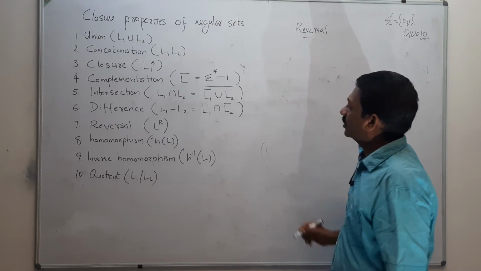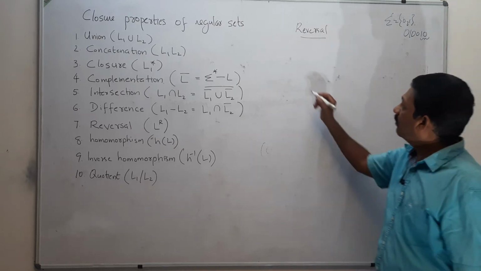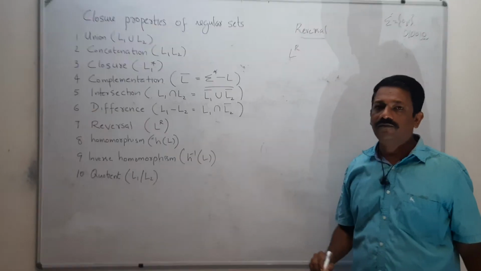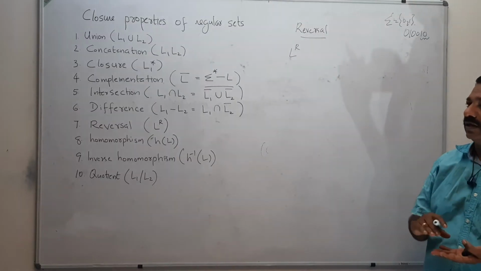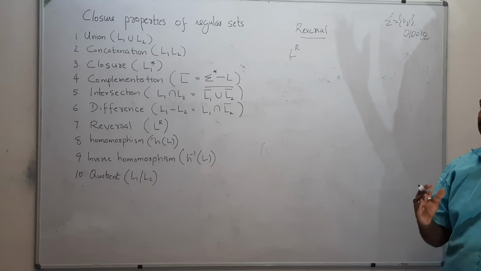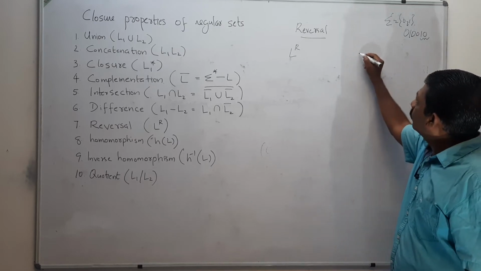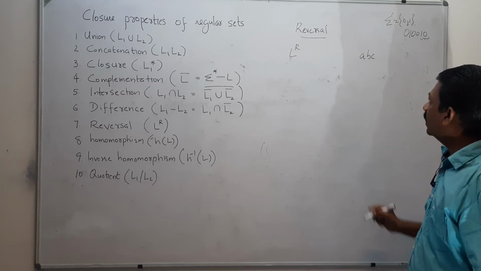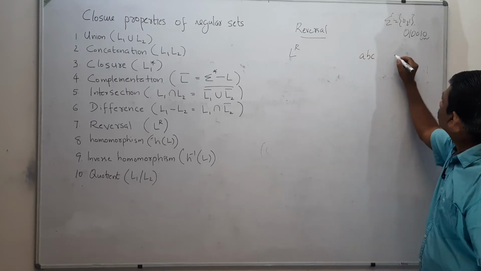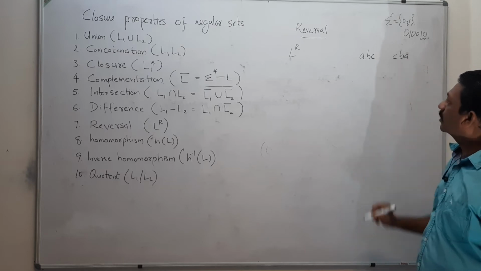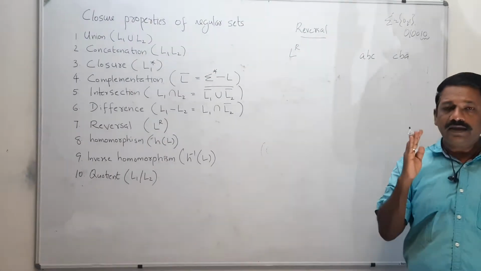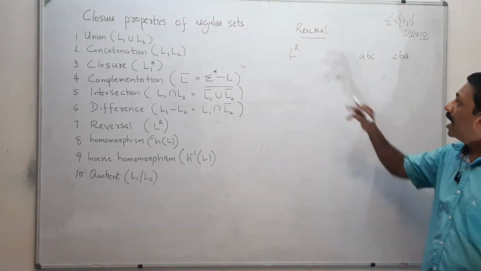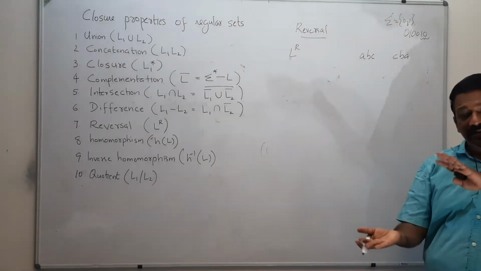String reversal operation. For example, if you have a language L, then L raised to R represents the reversal of the language. Reversal means if L is accepting a string ABC, then L raised to R will accept CBA. That means L is accepting a set of strings and L raised to R is accepting the reversals.